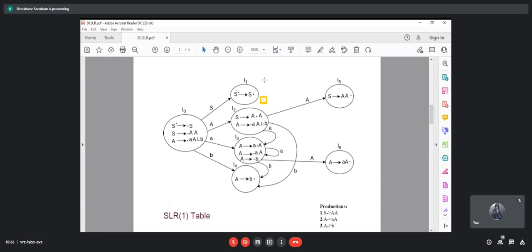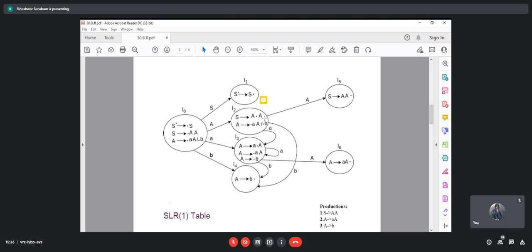So after this, for this we just give the numbering. First one is I0, then I1, then I2, I3, I4. So with I1, since it's the final item, we don't have to do anything. But when we are talking about I2, we have elements or variable after dot. So the dot means what we have to do. We have to do go to again.